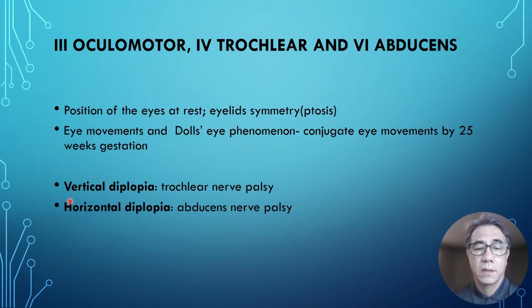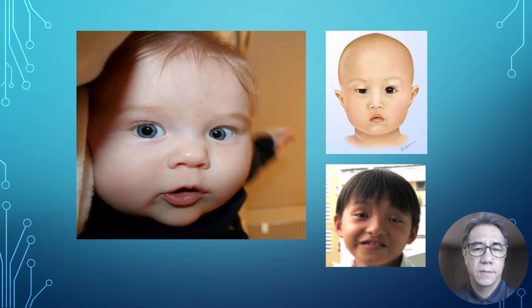That's very early. Vertical diplopia, meaning one image is on top of the other, is more serious and indicates trochlear nerve palsy. Horizontal diplopia is still serious, but not as serious as vertical diplopia, and is indicative of sixth nerve or abducens nerve palsy.